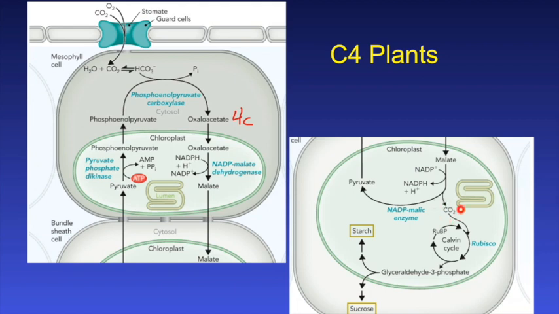I create the gas CO2 that can go into the Calvin cycle, and even though it's warm and has high oxygen content, I almost always go through the right reaction because the plant's physiology is different. And so we have some plants that are C4, some plants that are C3. Most of the plants that you see have the structures of C3 plants.